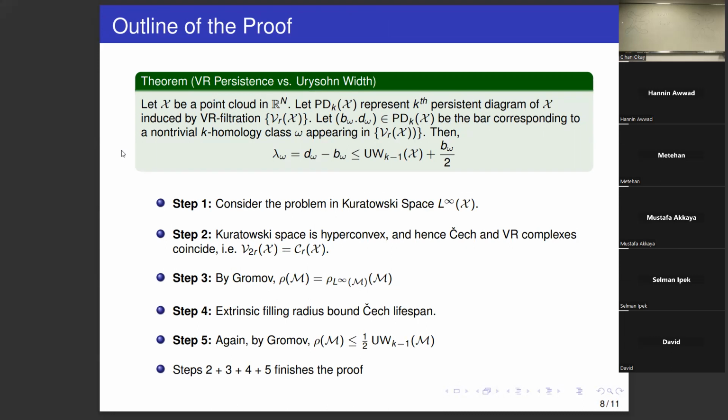When I get my pairwise distances, I throw my Rn away. I am not using Rn. I just need the pairwise distances. After that, it's everything Vietoris-Rips, but the Vietoris-Rips filtration is exactly the same thing as Čech filtration in Kuratowski space.